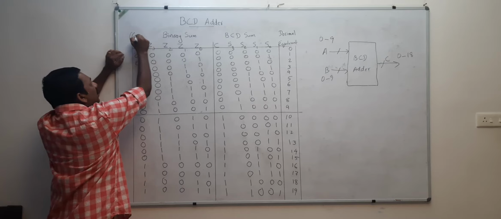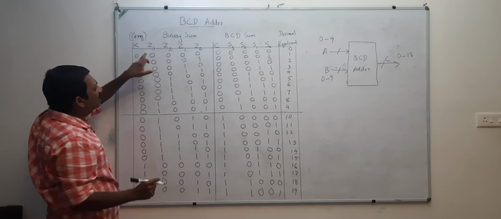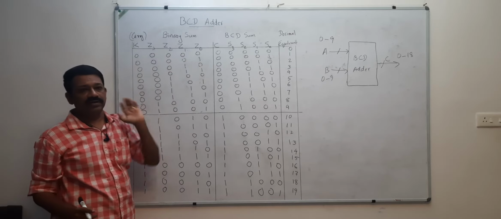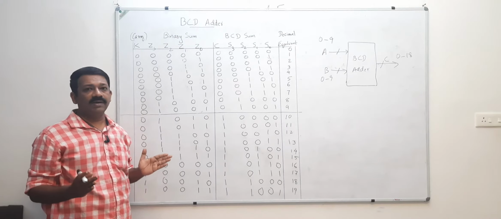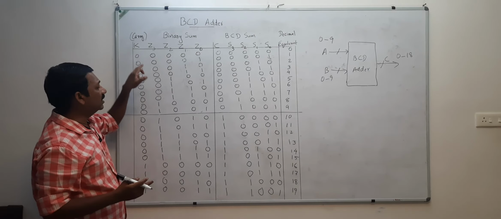K is the carry generated, and Z3, Z2, Z1, Z0 is the sum portion.